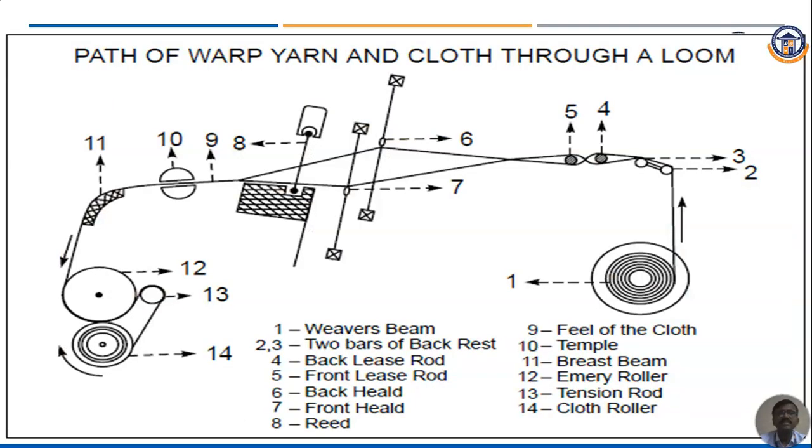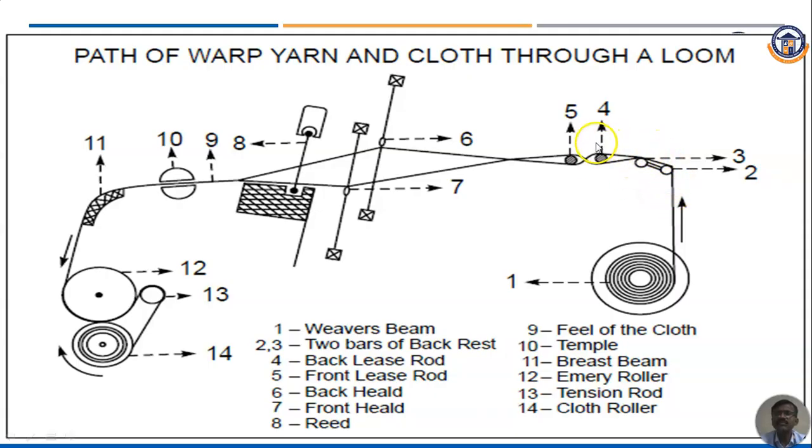Next, let us see the passage of warp and how cloth is formed through the loom. This part, number one, is the warp beam, through which the warp threads move in sheet form. This is the back rest, and the back rest plays an important role in increasing or decreasing the cloth cover factor.